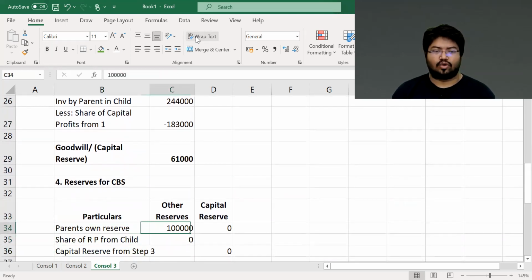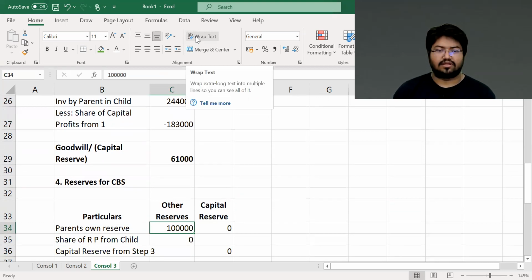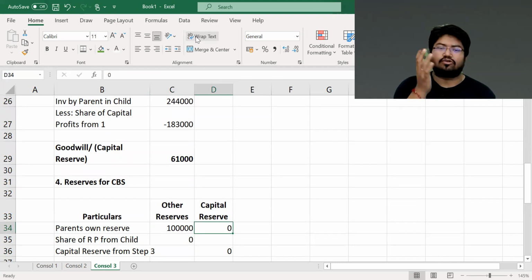Next, let's go ahead with reserves for CBS. So parent's own reserves, if you see, parents have got 1 lakh of other reserves. There is no capital reserve at all. When there is no capital reserve, don't mention that column. For me, it is formula driven, that's why I'll have it, but you don't need to have it.